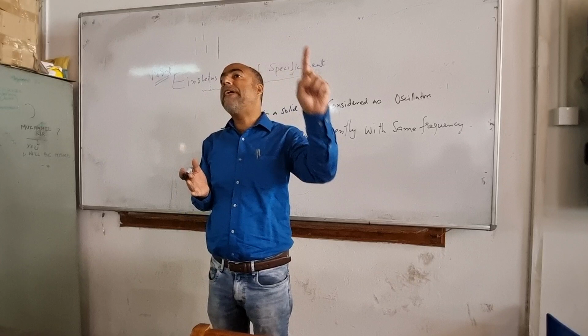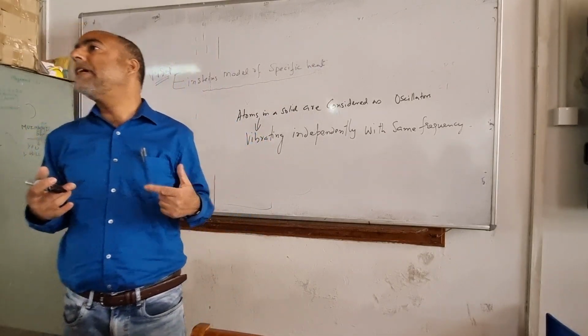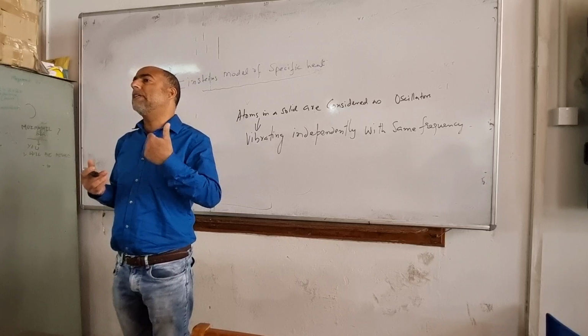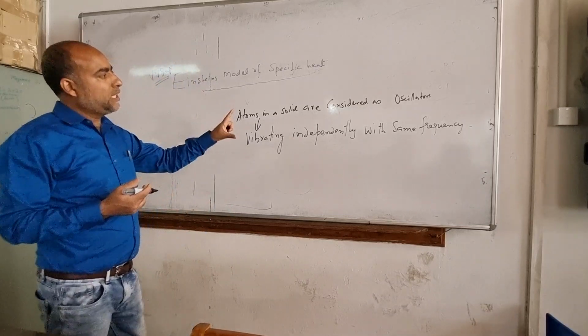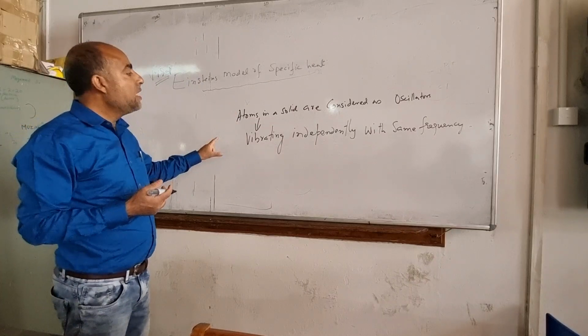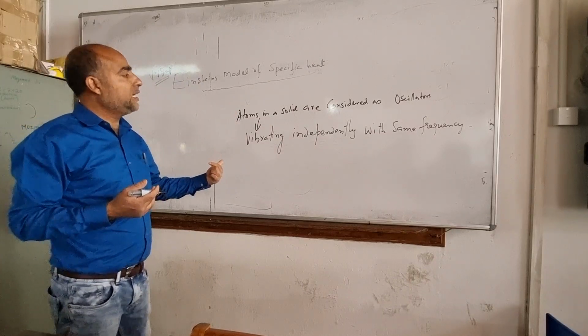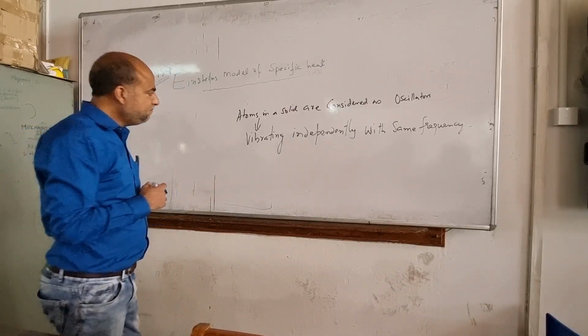Einstein's model has considered independent oscillators, while the Debye model considers them as coupled oscillators. This is the main difference in the assumptions on which the two models have been formulated.